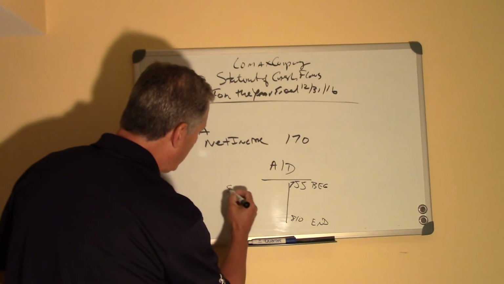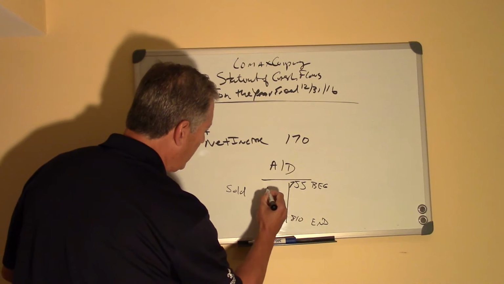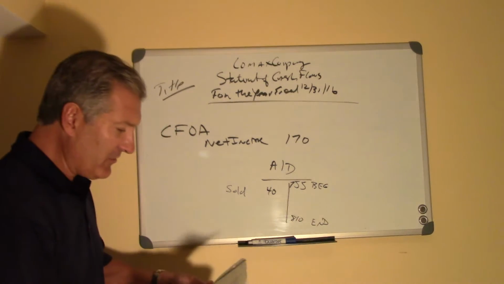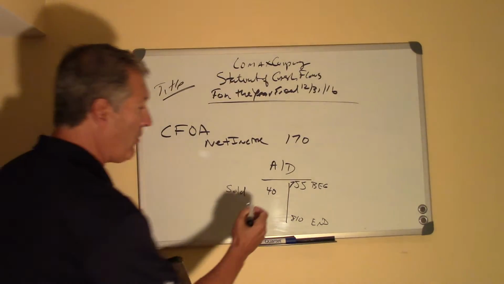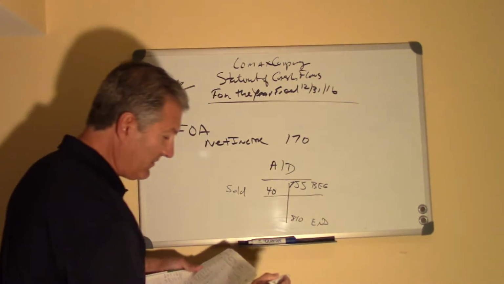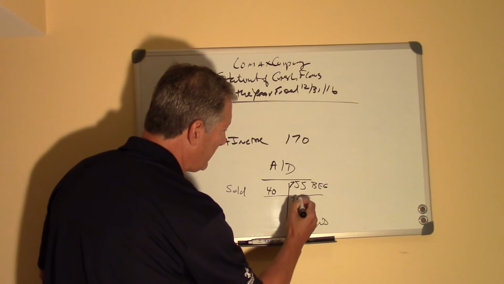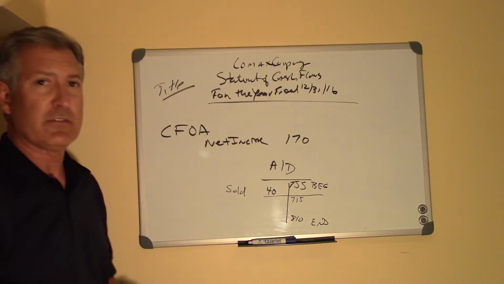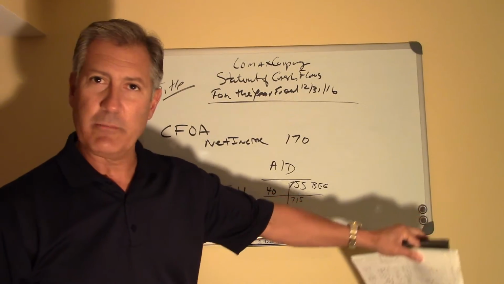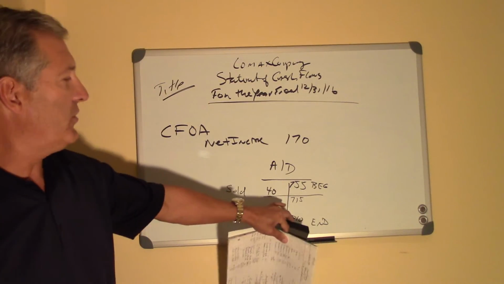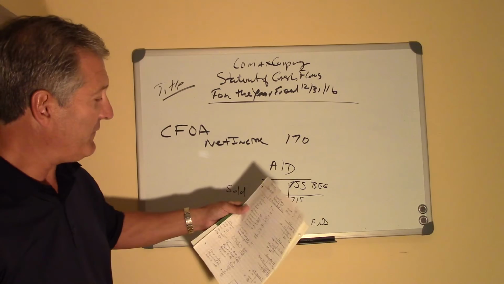Well, when they sold this asset, they removed $40,000 of accumulated depreciation, and that brought the preliminary balance down to $715,000. So now you know an asset was sold and it reduced the accumulated depreciation down to $715,000.